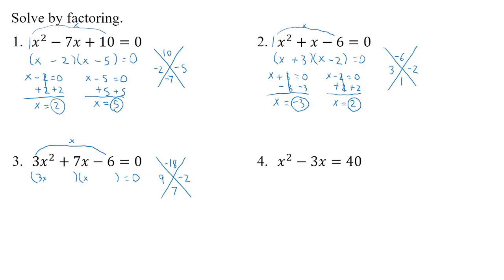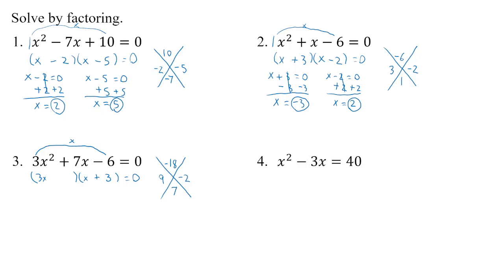Now keep in mind, one of the leading coefficients is a 3. Therefore, one of those two numbers has to be divisible by 3, and that number is 9. Therefore, 9 divided by 3 is 3. Now notice where I put it. I didn't put it in the same group as the divisor.